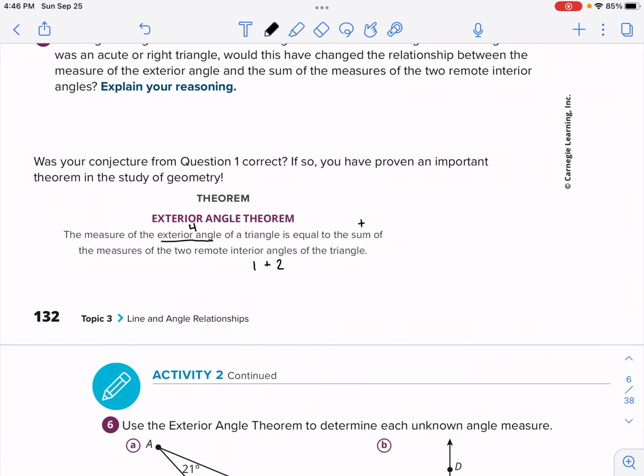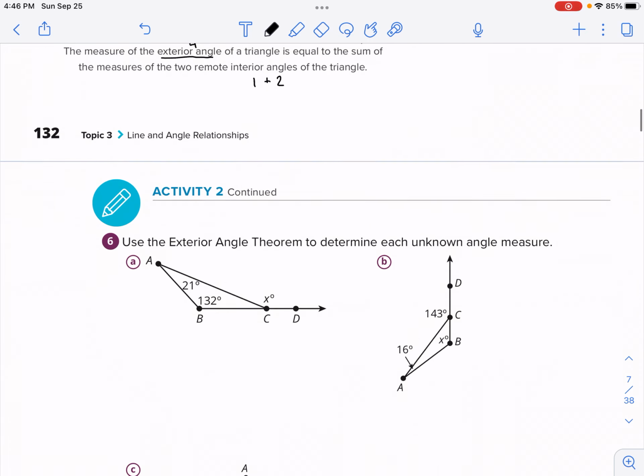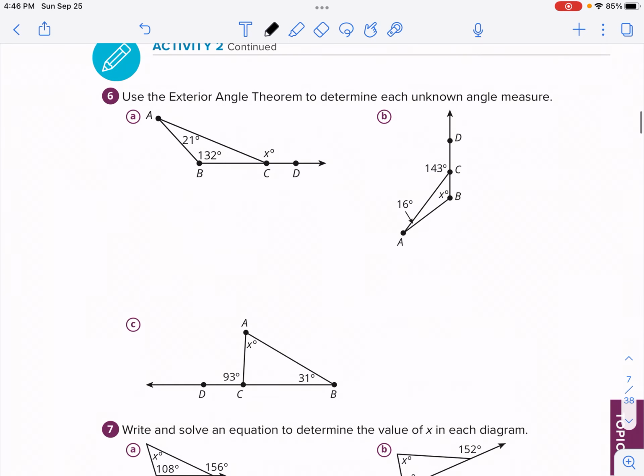So we're going to finish up a couple problems on page 133. As you can see here for number 6a, this angle here plus this angle here, and we're trying to figure out what x is equal to. We know that these two things should be equal to the one that's on the outside.